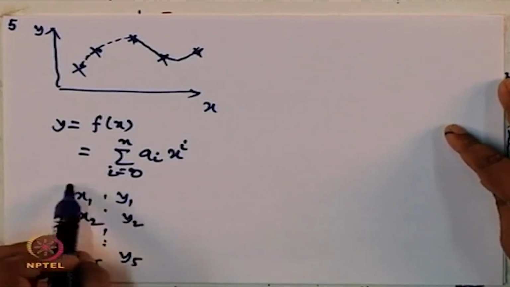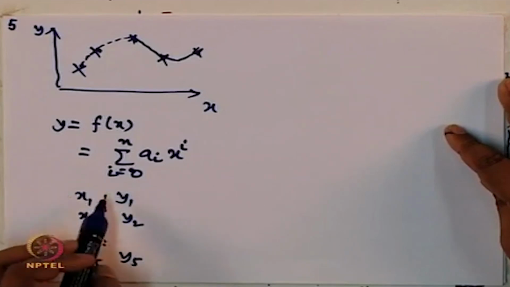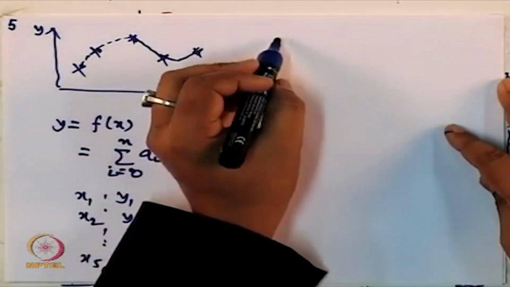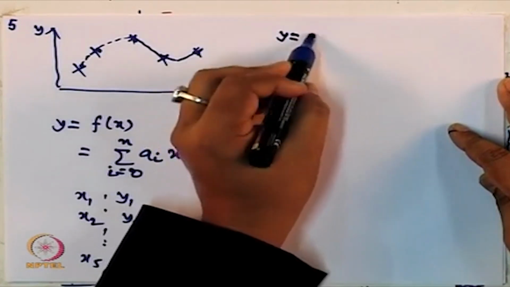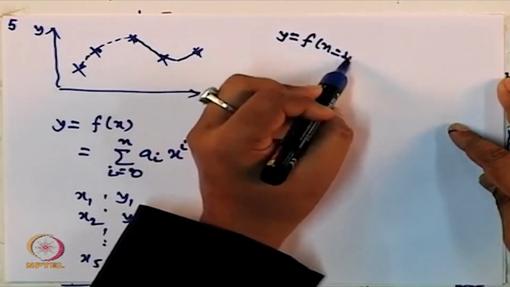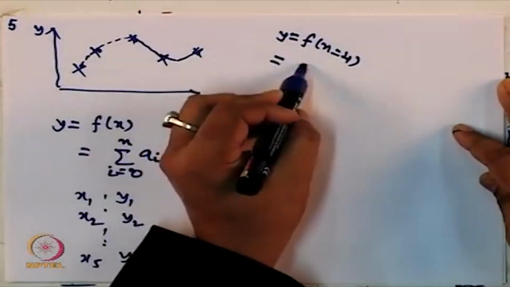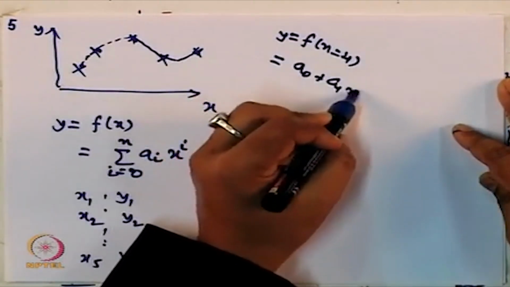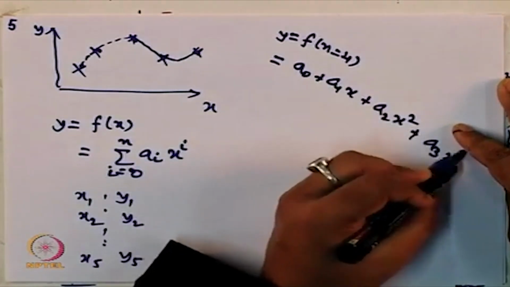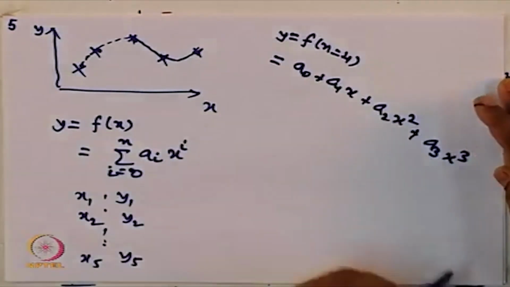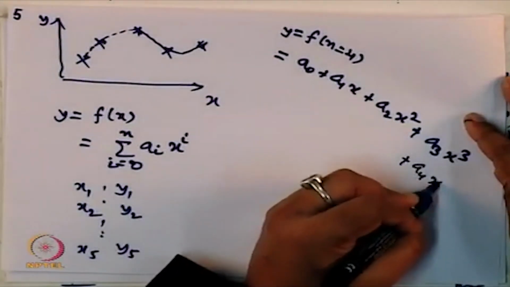If I want to fit this particular data, right, I have 5 equations. So, for a 4 dimensional polynomial, so if y is equal to f of x up to n equal to 4, then I can write y in the form a0 plus a1 x plus a2 x square plus a3 x cubed, okay, plus a4 x fourth.